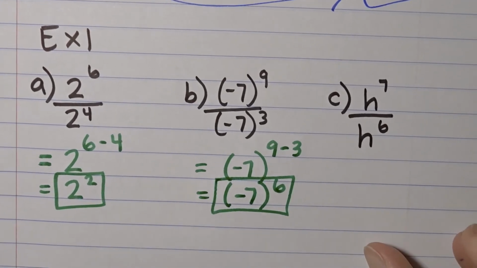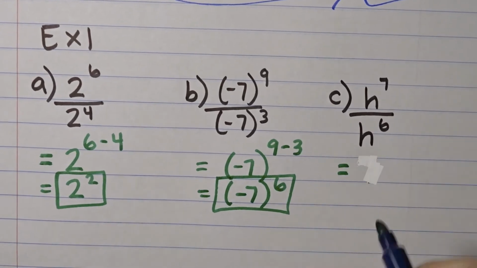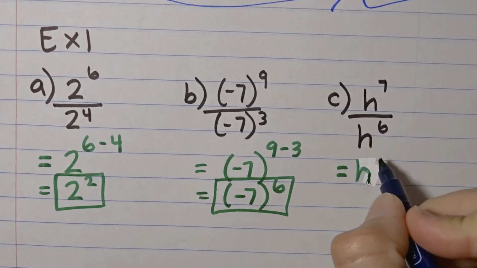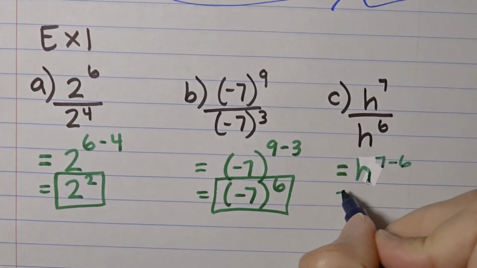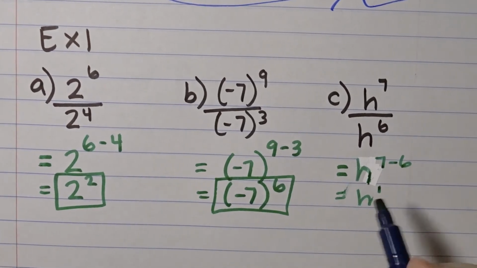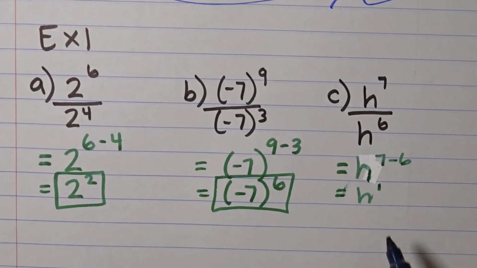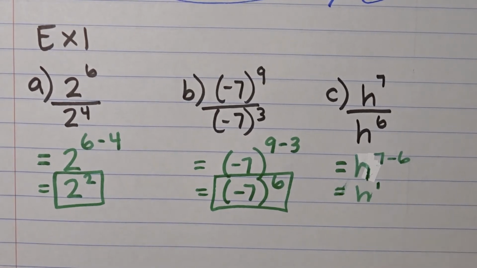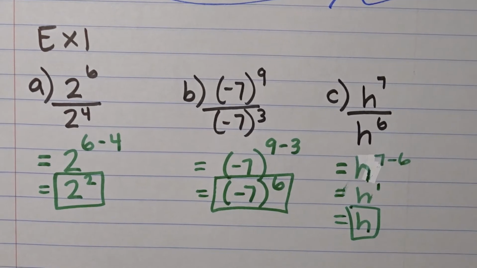And now example C, 7 and 6. So this equals h to the 7 minus 6 power, which is h to the first power. Now, h to the first power, we don't need to put a 1 if you already see that there's an h there, so you could just leave it as h.